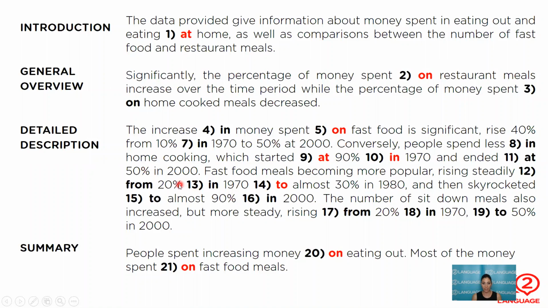So if from is the low point, then to is the high point. So from and to always go together when we're comparing data. So it increased from to, or it decreased from 30 to 10. Here we have increasing money on eating out, spending money again on, and spending money on.